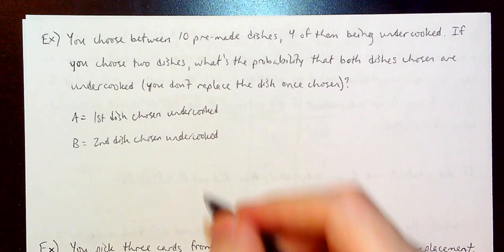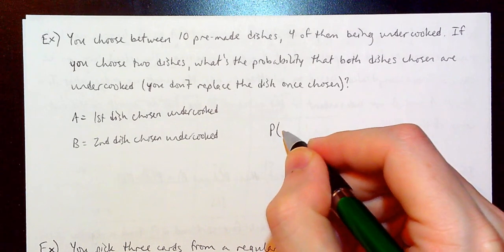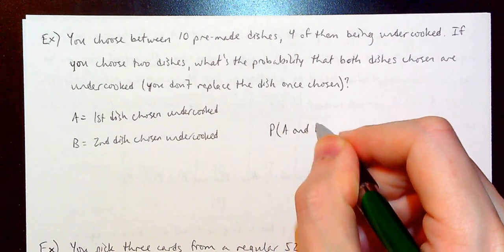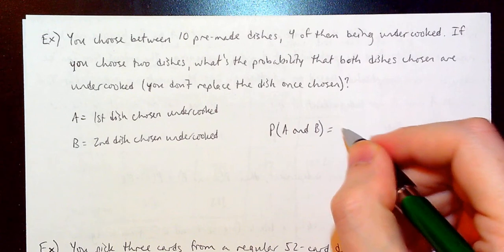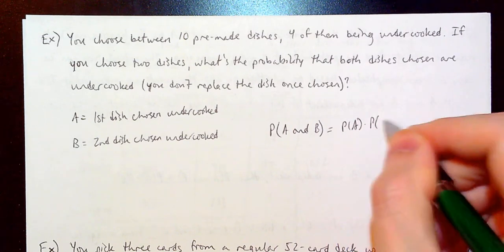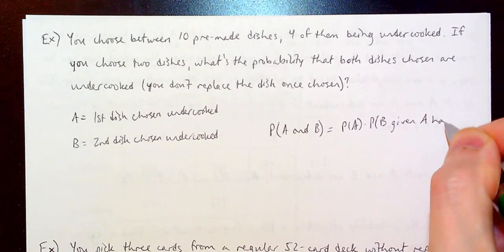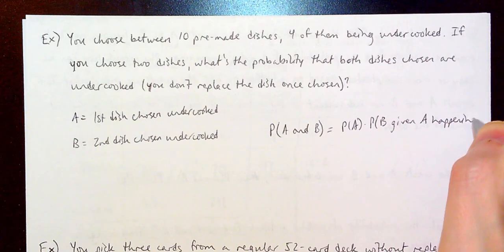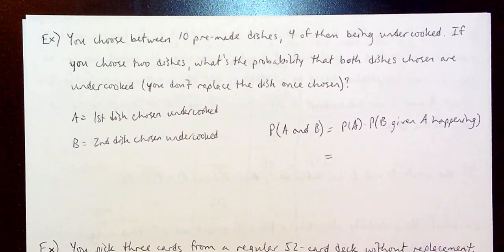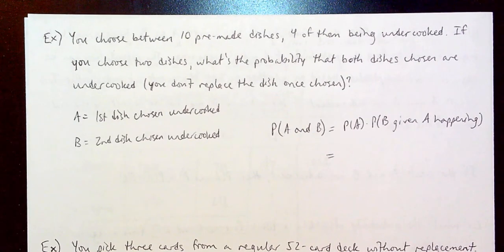So, P of A and B is going to equal, as we know, P of A times P of B given A happening. All right, so what's P of A here? P of A is the first dish being chosen that is being undercooked.